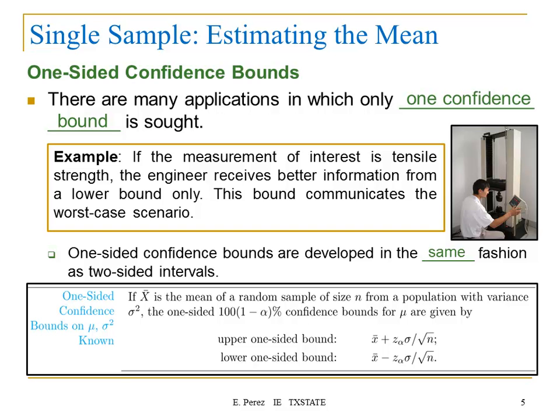Okay? So you're going to look only at the upper bound, but you don't have to divide alpha by 2 because you're only looking at one side of the confidence interval. Same thing for the lower bound of the confidence interval. So keep that in mind. Again, you are not dividing by 2 because you are only looking at one side of the interval.